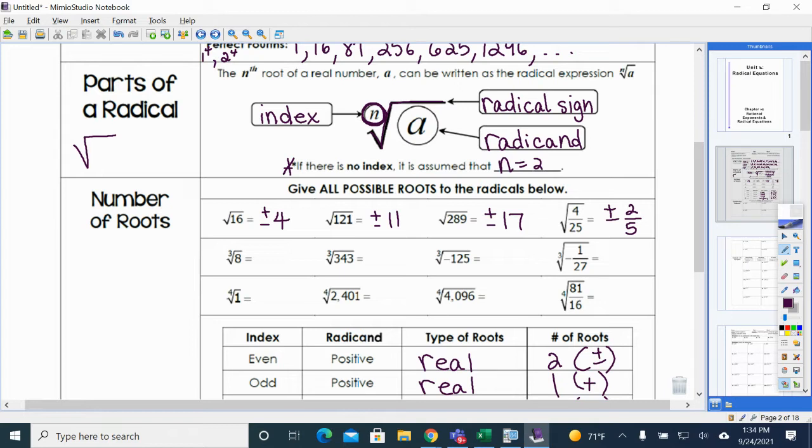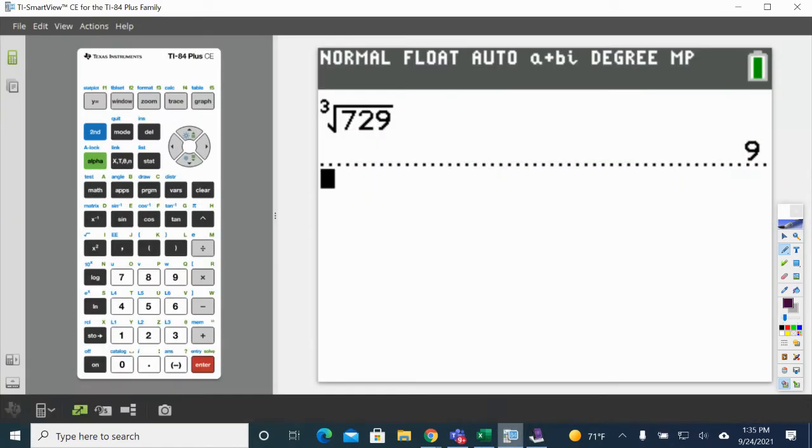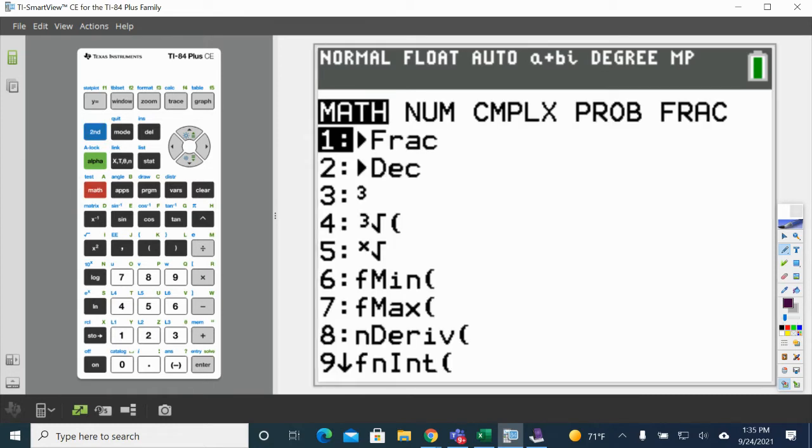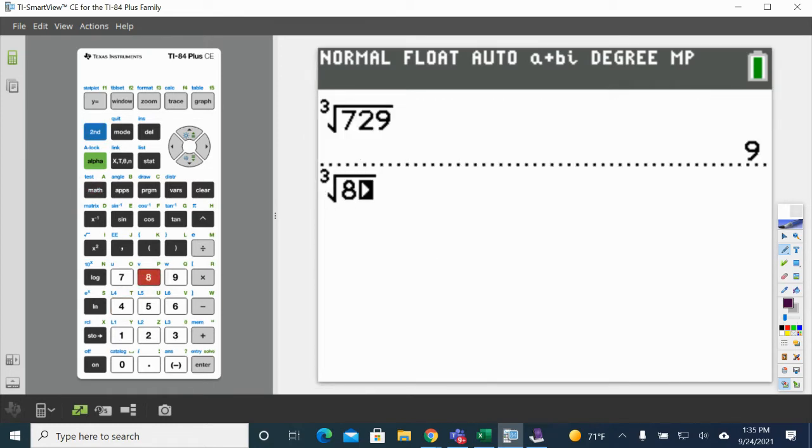Let's jump down to the next row. It says the cube root of 8. So the cube root of 8, let's go to Math. Cube root is number 4. The cube root of 8 should say 2.